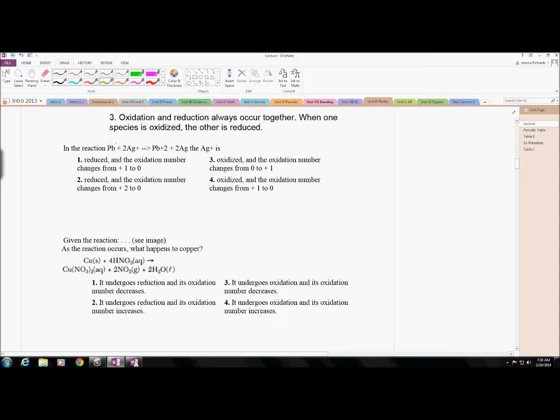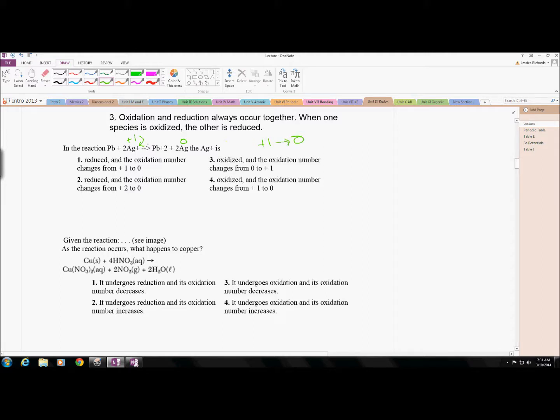If we have the reaction lead plus silver ions, notice there's a plus here, gives us lead ions plus pure silver. They want to know what's happening to the lead +2 or the silver +1. So this silver is +1. I'm going to rewrite it. It's right there. And it's turning into silver 0. His number is going from +1 to 0.